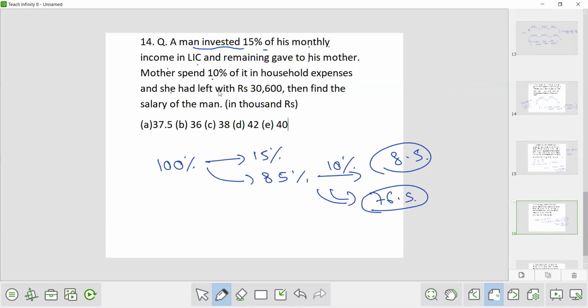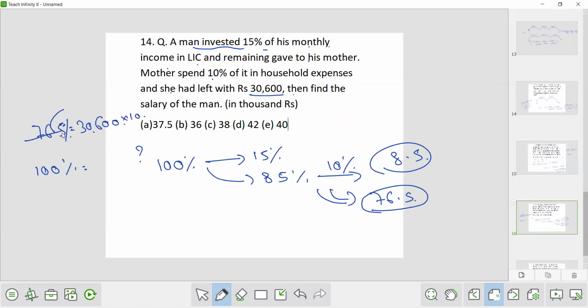Now she was left with rupees 30,600. So here 76.5 is equivalent to 30,600. Find the salary of the man. So what is 100%? 76.5% is equivalent to 30,600. So just remove one decimal from here and multiply 10 over here.